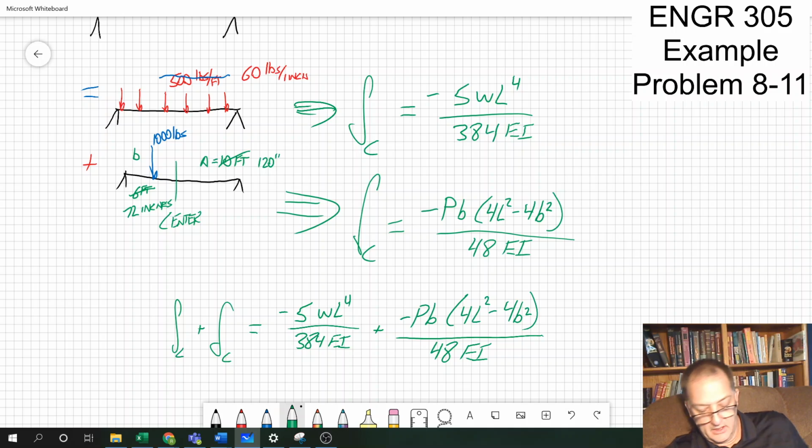Now, W is 60 pounds per inch. L is equal to 16 feet. That's 120 inches plus 6 times 12, 72, 192 inches.